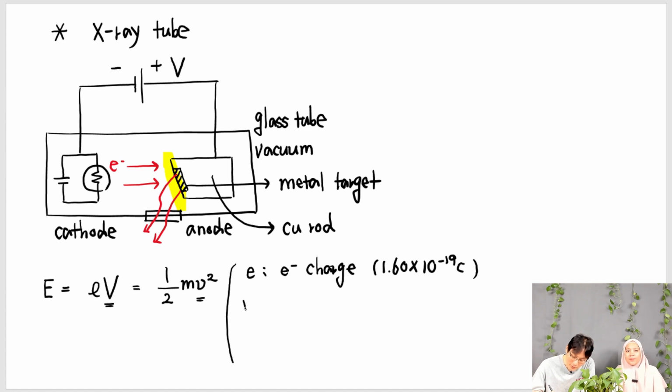And then voltage V, the acceleration voltage. Let's say we give 30,000 volts. Wow, so high. Very high, but it's not so high for an X-ray tube.